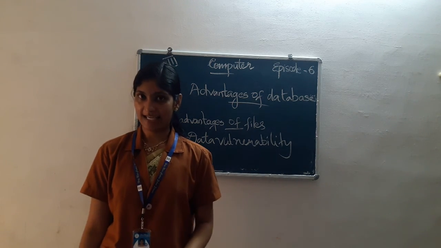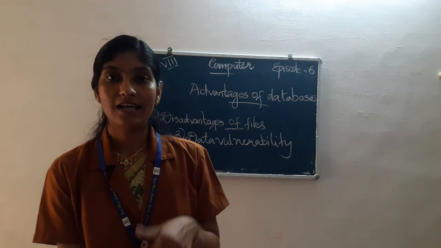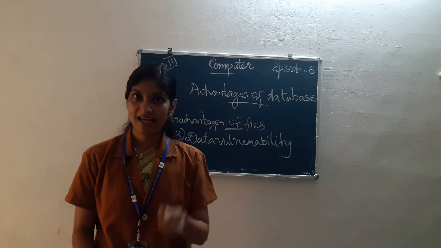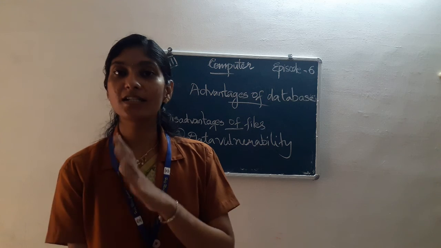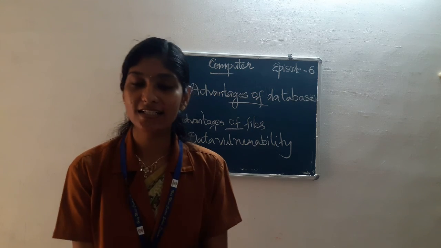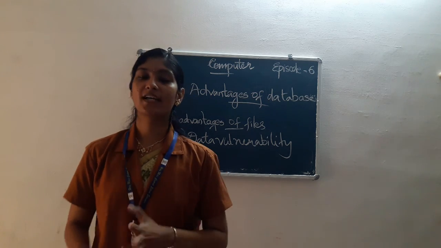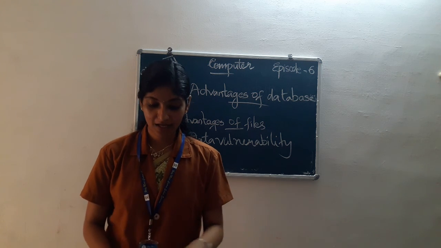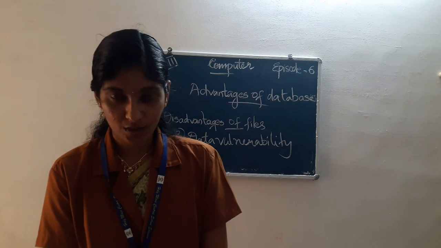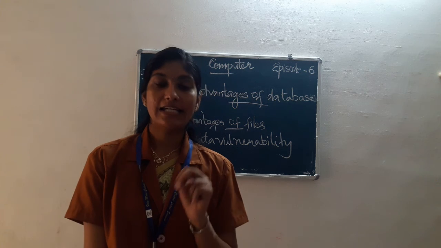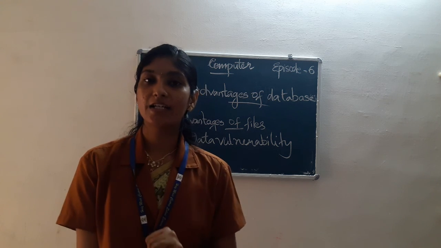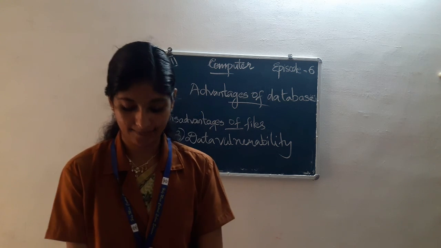Anyone can access the data, but when we use a database, access is limited to authorized users. That's another disadvantage. So mainly the disadvantages of the file system are: first, duplication of data; second, data vulnerability; and third, data inconsistency.